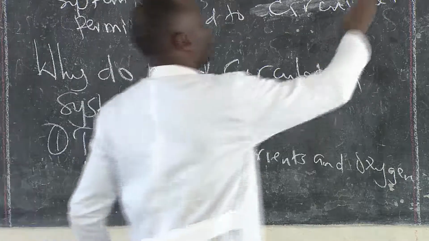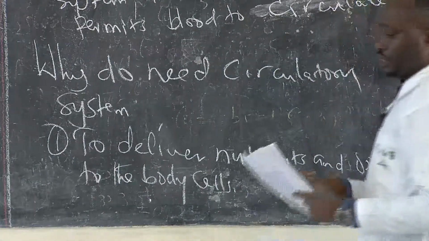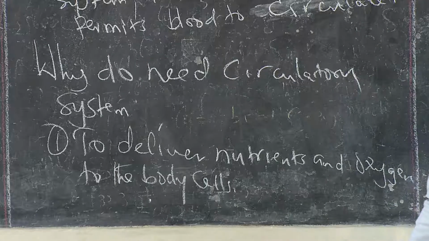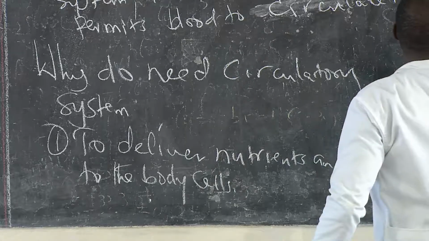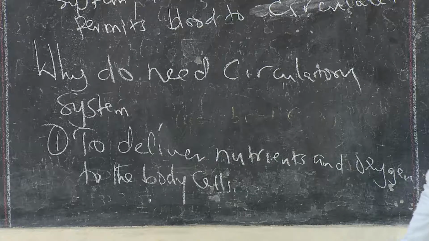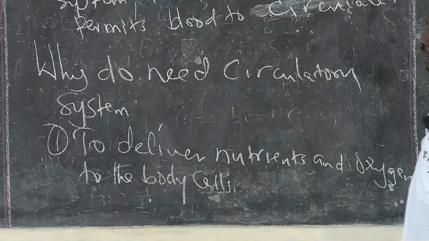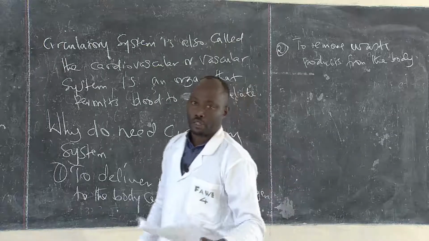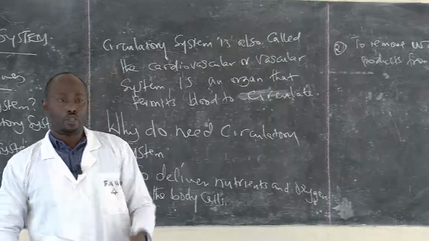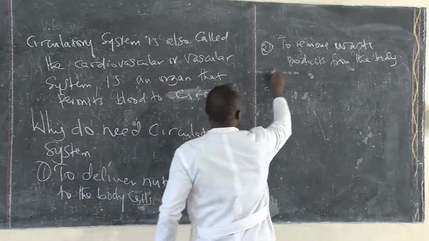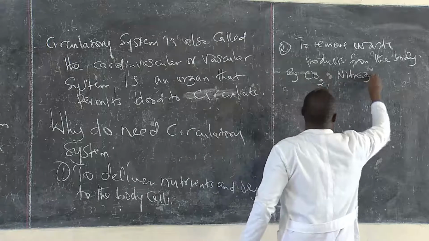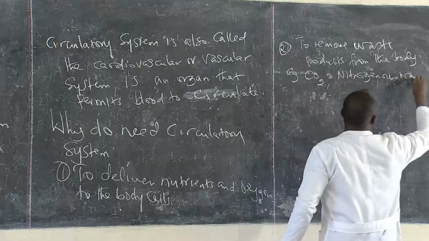Number two, we need the circulatory system to remove waste products from the body. Because if these waste products are not removed from the body, they can affect our body metabolism. Examples of the waste products needed to be removed from the body are carbon dioxide and nitrogenous waste products.